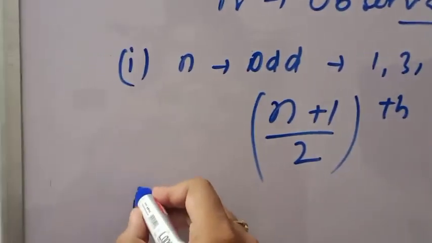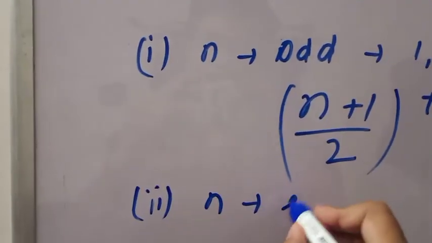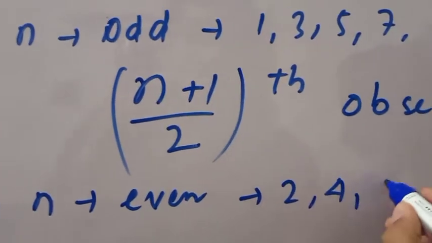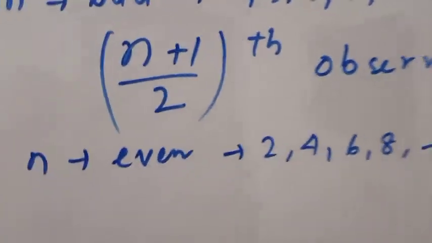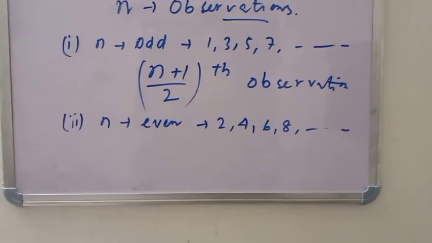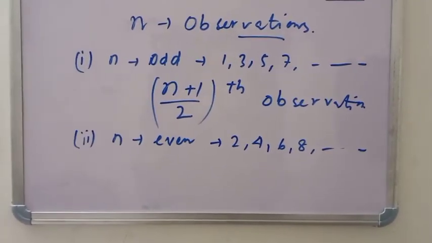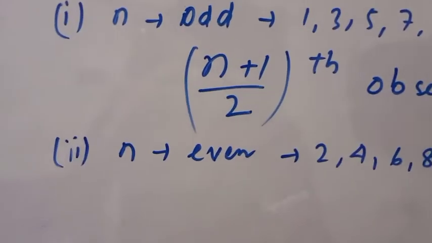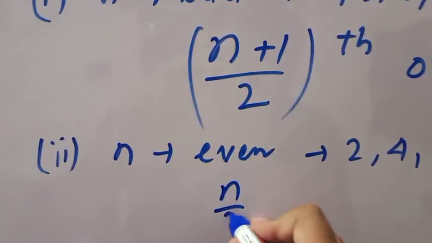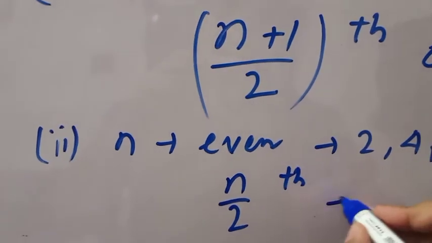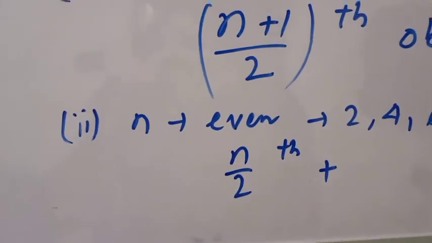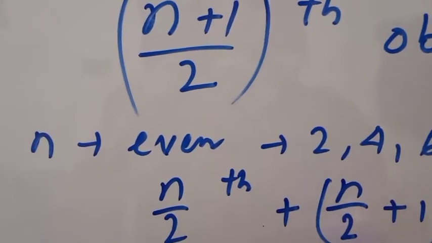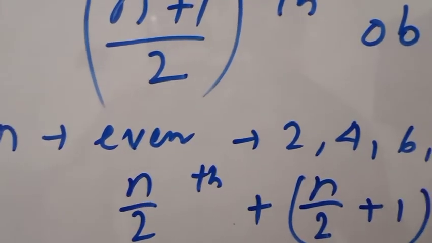Now number 2. See that n is even. If n is even, meaning 2, 4, 6, 8 like that. So if the number of observations is even, then the median is the n by 2 th observation plus the (n by 2 plus 1) th observation.